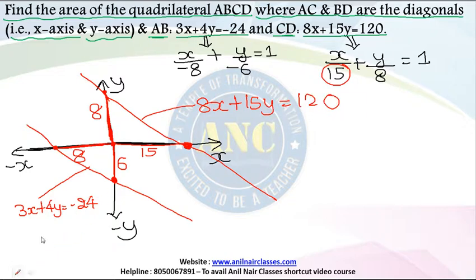Now if I complete the diagram, drawing all these extra lines to make it a quadrilateral, A and C is nothing but the x-axis, which is one of the diagonals of my quadrilateral.